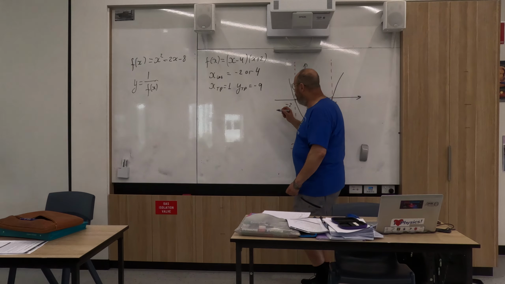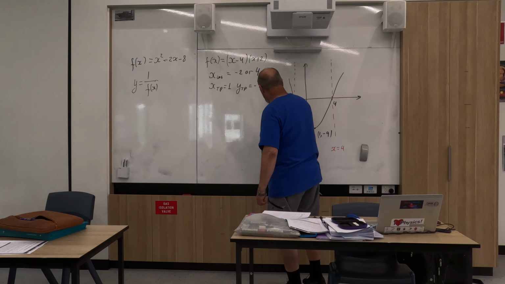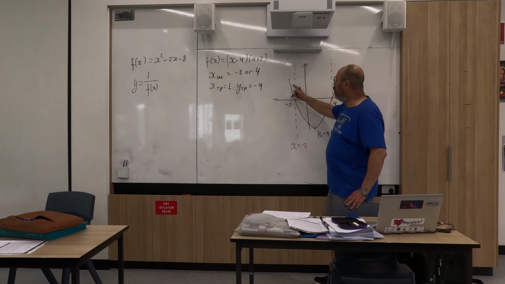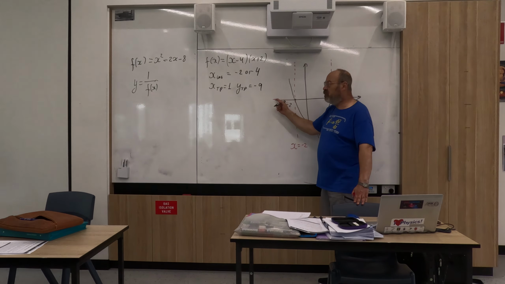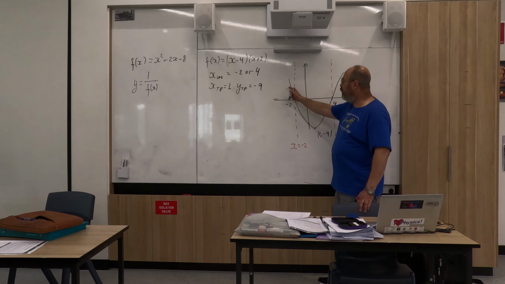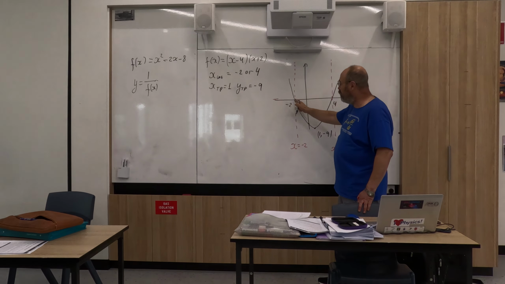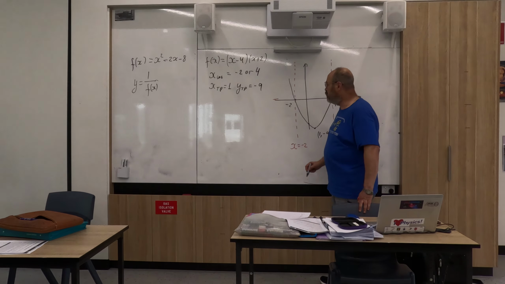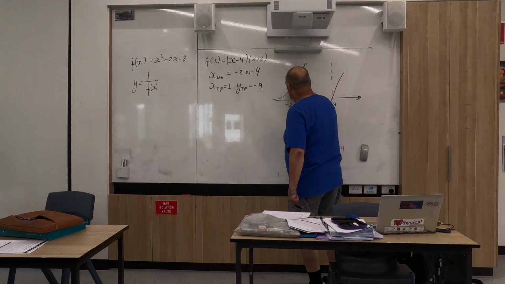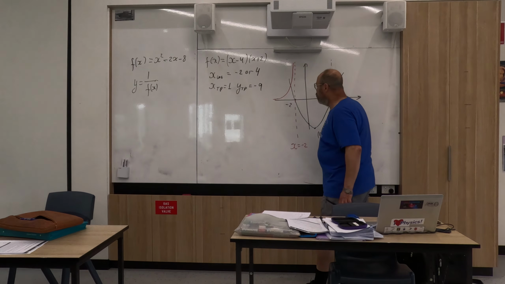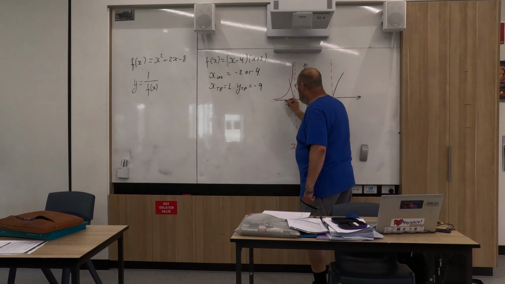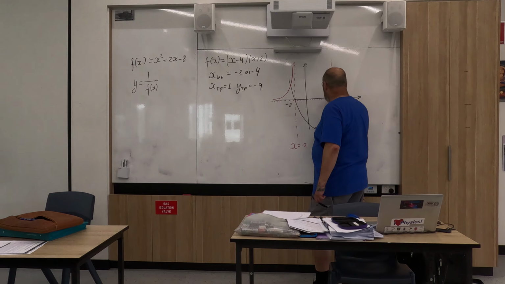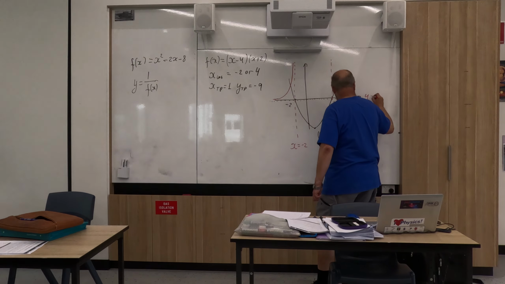So it will be approaching 0. 1 over a very big positive number will be a very small positive number. Now, as the original function approaches 0, so the denominator approaches 0, it will be approaching infinity. So that will be this branch. So we get another asymptote. This time we get the horizontal asymptote y equals 0.